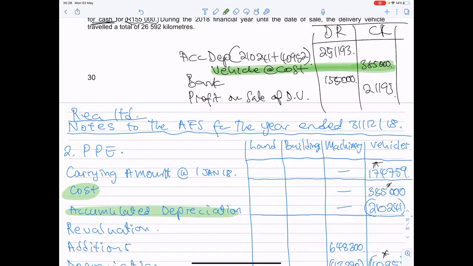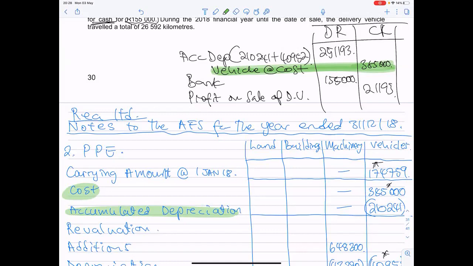Thank you. So it is two accounts that are just there. It's okay to say you should remove it at carrying amount, but we are saying there is a vehicle at cost account. So in the cost account, we add cost, we remove cost. So in this case, when it was bought, we added a cost of 385. Now we are removing that vehicle. We also remove it at its cost.